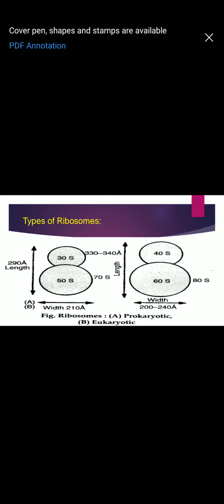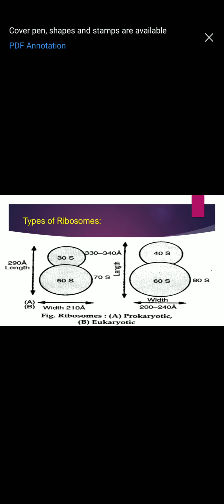The 70S is smaller in size, roughly estimated at 110 angstrom width and 290 angstrom length, while the eukaryotic ribosome has a 200 to 240 angstrom width and a length of 330 to 340 angstrom.